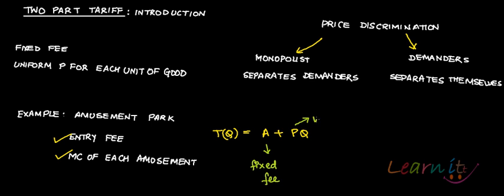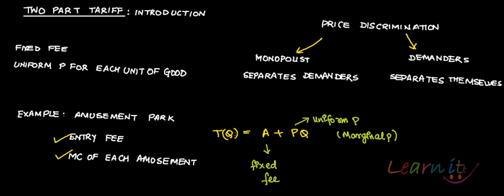P is the uniform price for each unit of amusement which you're going to use. That is something called the marginal price which is being paid.